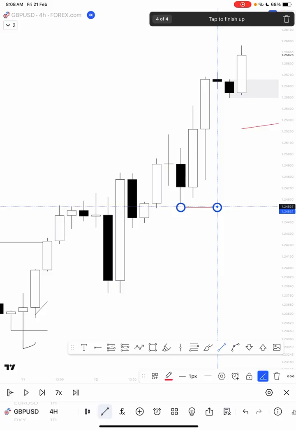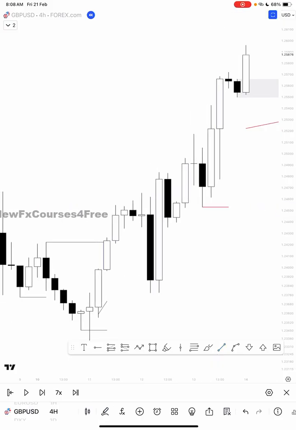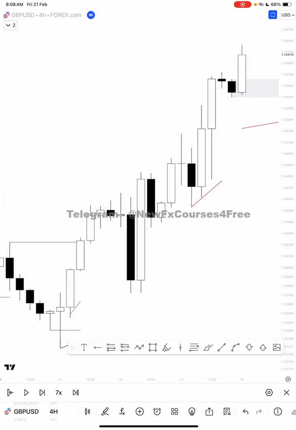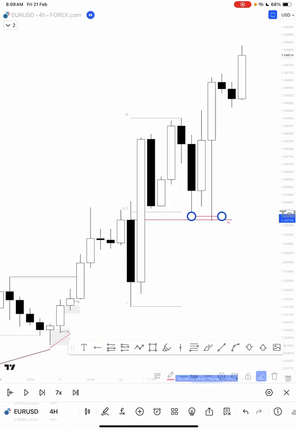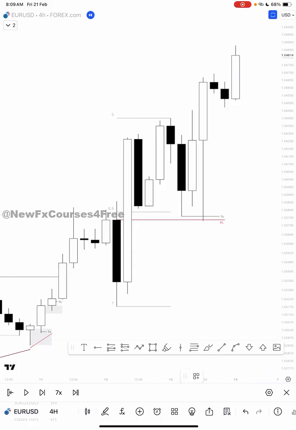So you got your SMT here in price, and EUR/USD, you got your key level and your total soup here.